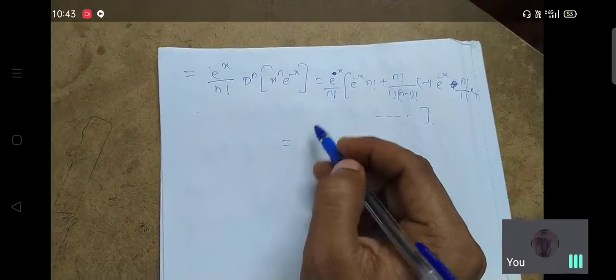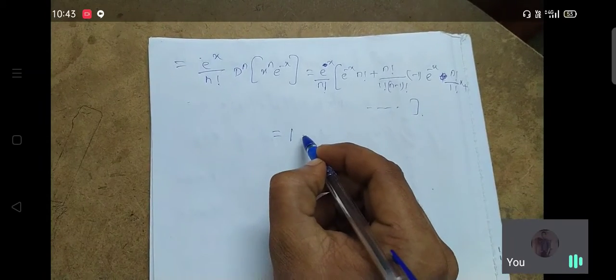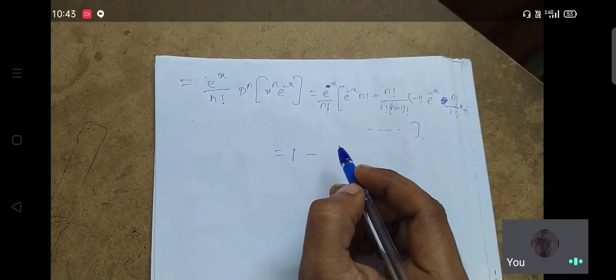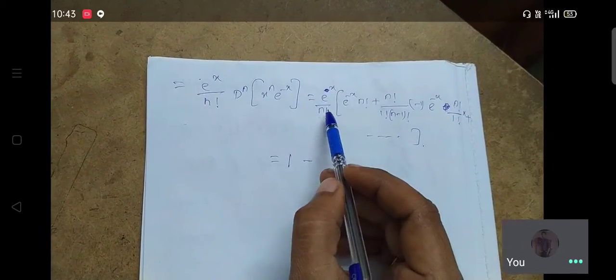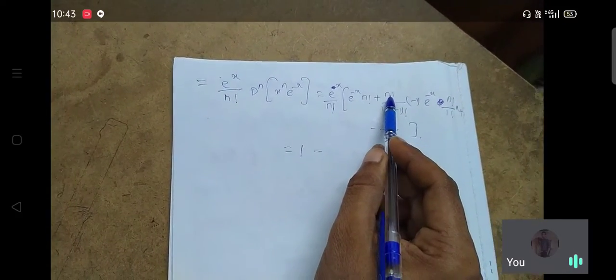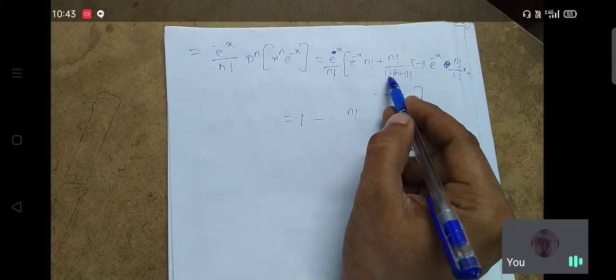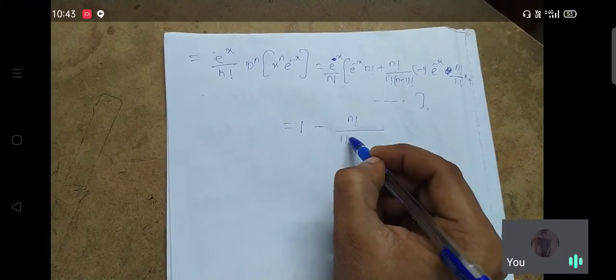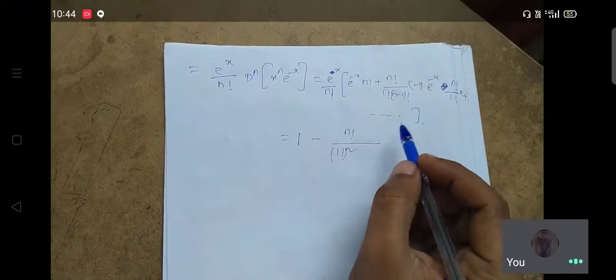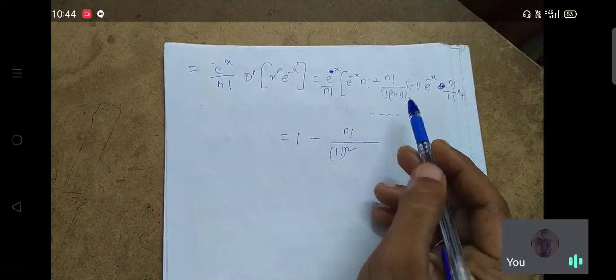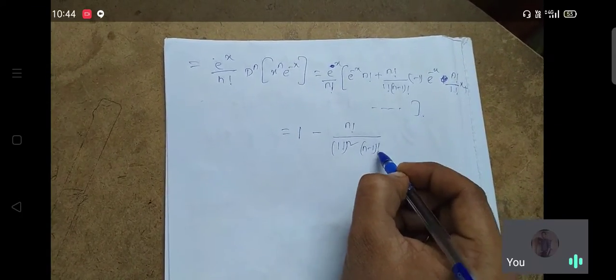The n factorial cancels out, you will get 1. So minus, this n factorial cancels out, you have n factorial here, so n factorial, 1 factorial into 1 factorial, 1 factorial whole square. So n minus 1 factorial is there.